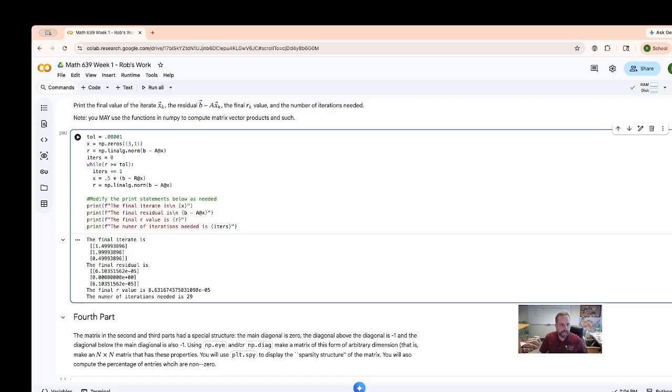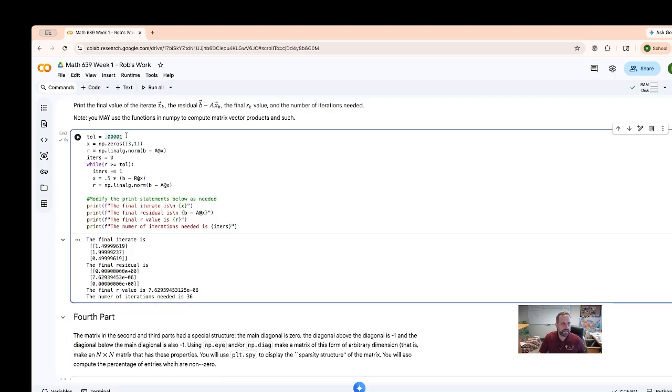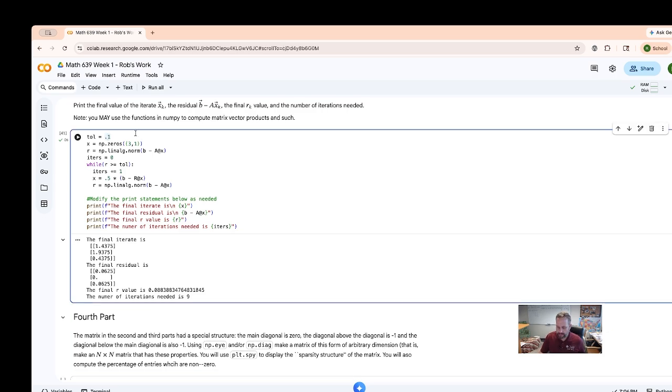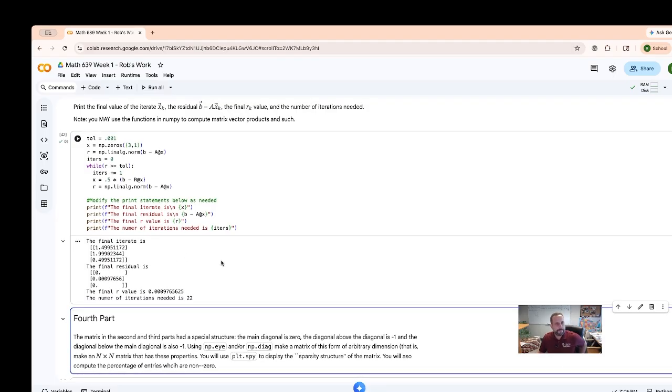And if we do this again, we're going to need 36 iterations, and so on and so forth. Okay, so I'm going to put it back to 0.001, which is 16 iterations, and let's see what it is for 0.1, just 9 iterations. Anyways, those things are not necessary. I'm just doing it for fun, I guess.